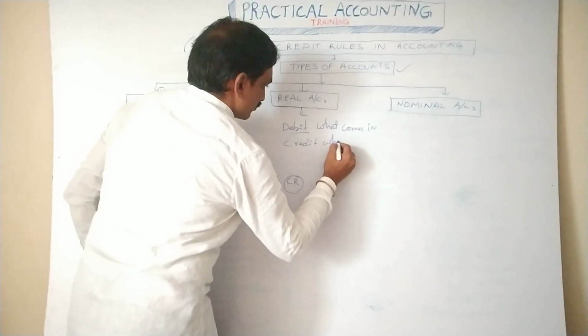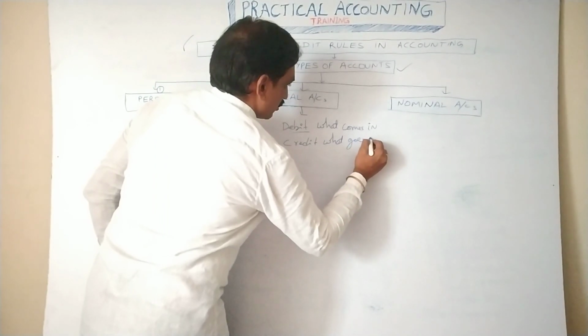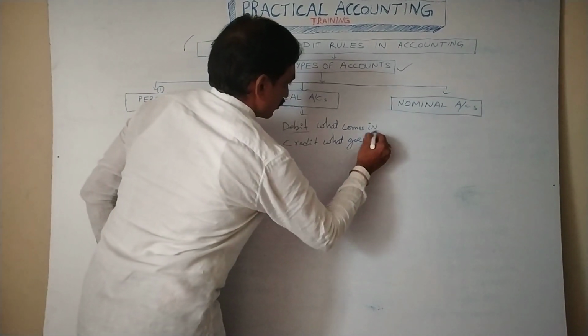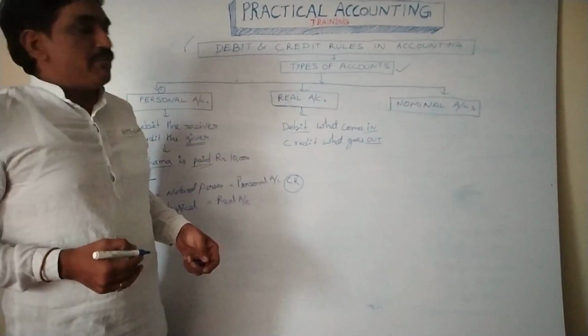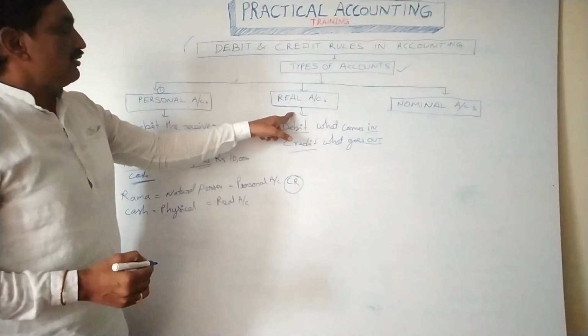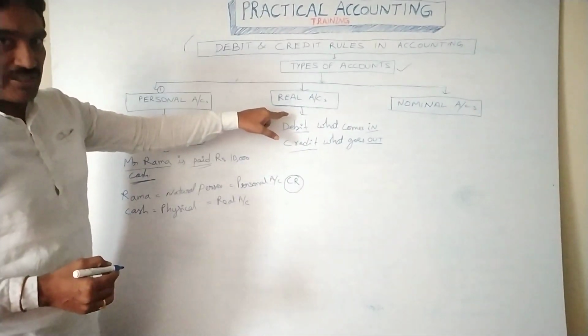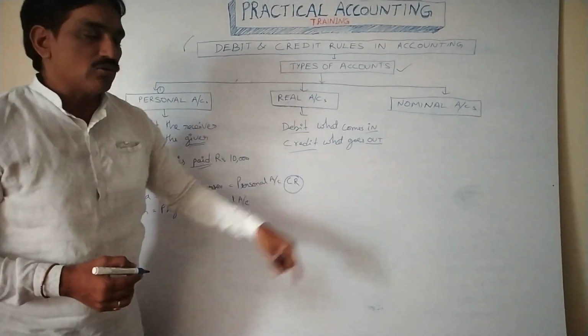Credit what goes out. If something is going out of the company, that is credited. What is the golden rule of debit and credit for real accounts? Debit what comes in, credit what goes out.